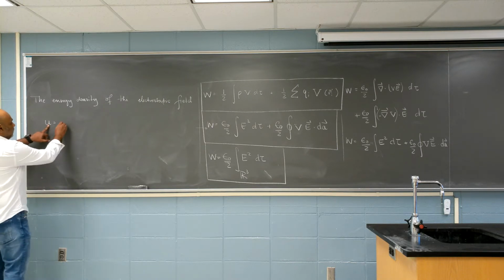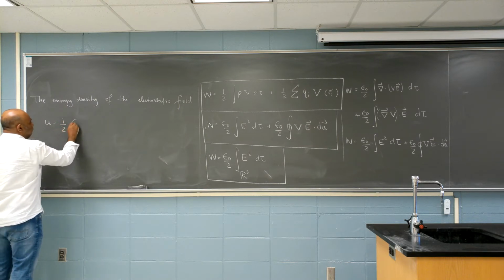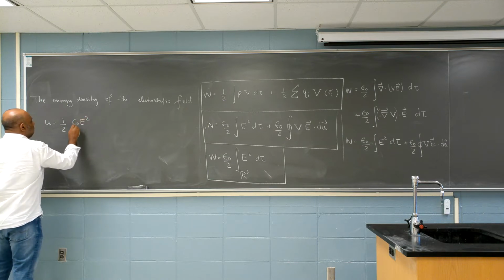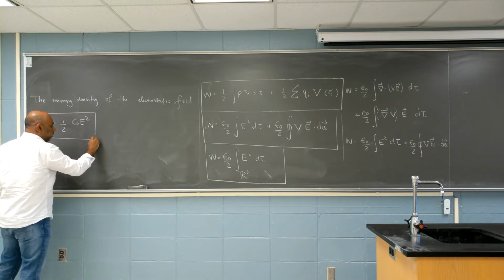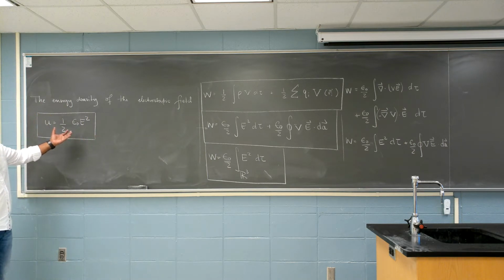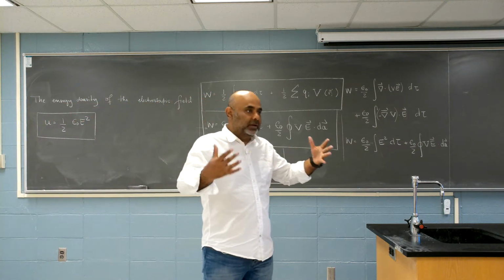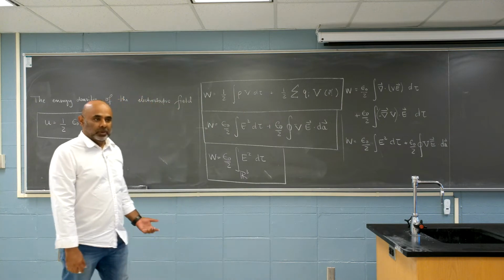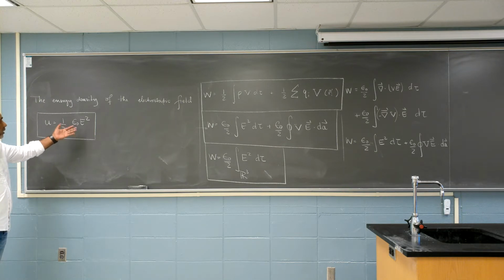Well, what is that? Oh, let me write this with a 1/2. So you say that one could interpret this as the energy stored in the field. When you assemble charges, where is the energy stored? It's stored in the field, the electric field it creates. Yeah? Well, what's the energy? Well, energy you have to integrate, but the energy density is 1/2 epsilon naught E squared.